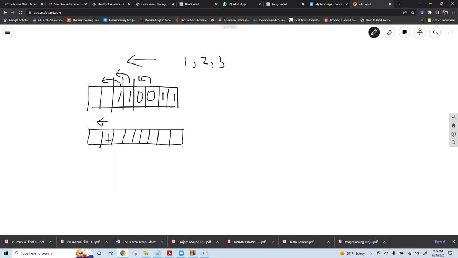So like 1, 1, 0, 0, 1, 1. Then there is one vacant slot, so we would add a 0.